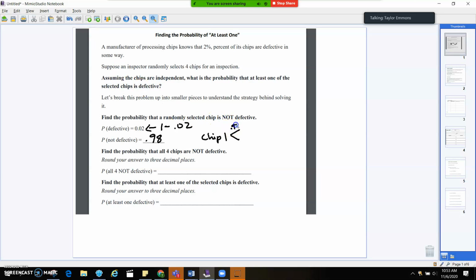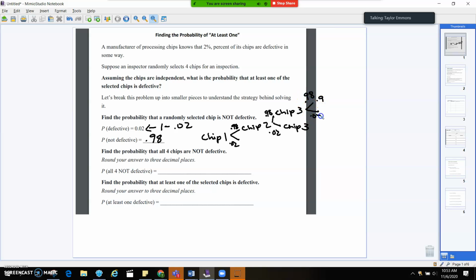So it's either 0.98 or it's 0.02. Now chip 2 is either 0.98 or it's not. Chip 3 is either 0.98 or it's not.